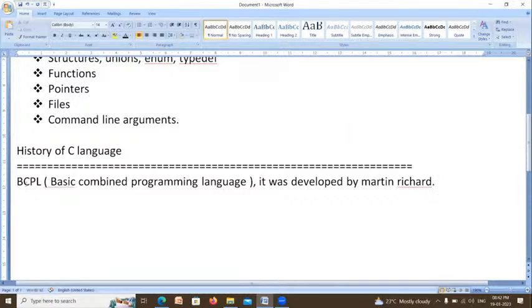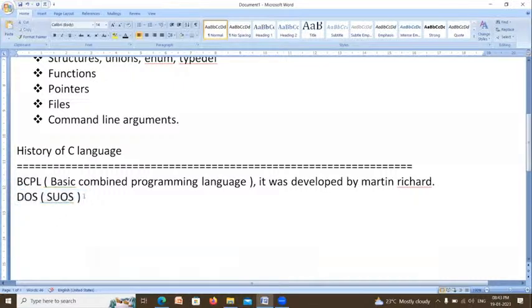At the time of the development of BCPL, there was one operating system called DOS, Disk Operating System. DOS is a single user operating system, meaning it can support only one user at a time.